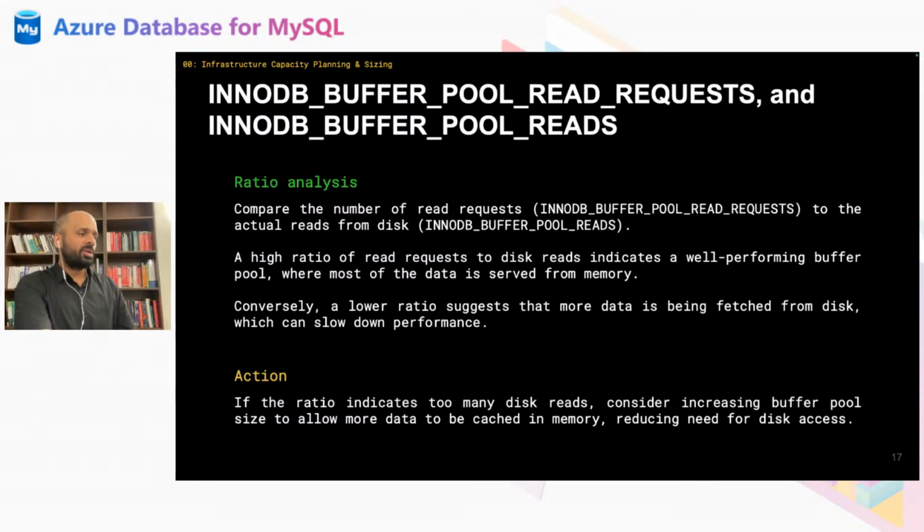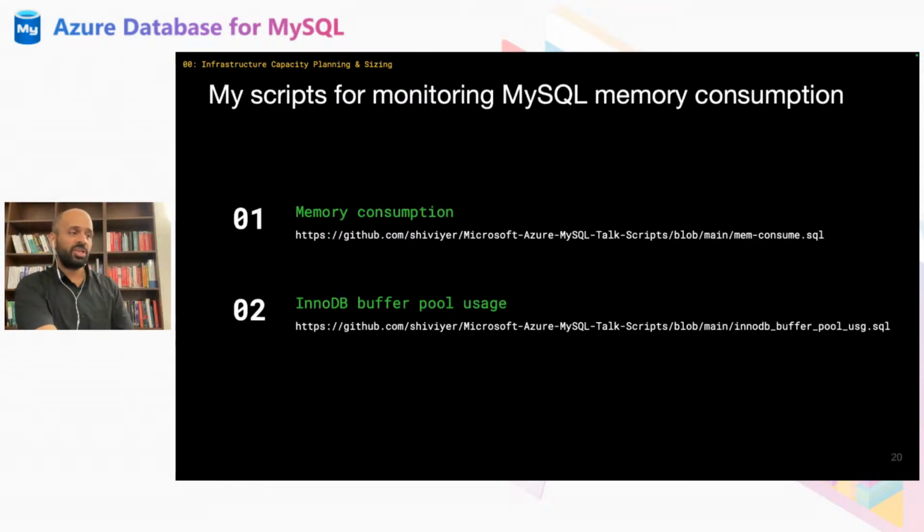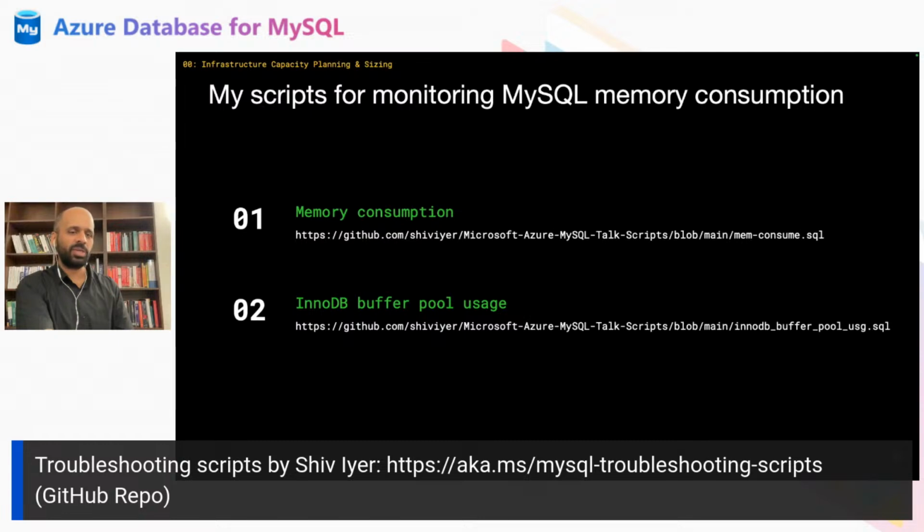I move to the scripts, two slides after that. These are my scripts for monitoring the memory consumption. These are the two scripts which I use. All my scripts are SQL scripts, very minimally invasive. There are no agents, nothing. This helps you understand how your available RAM is consumed by MySQL.